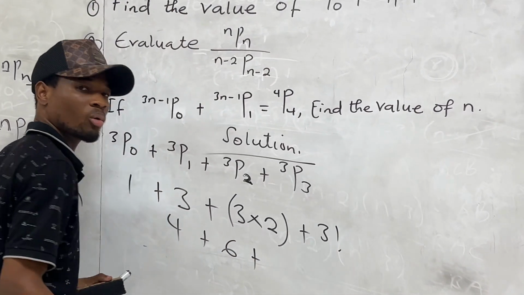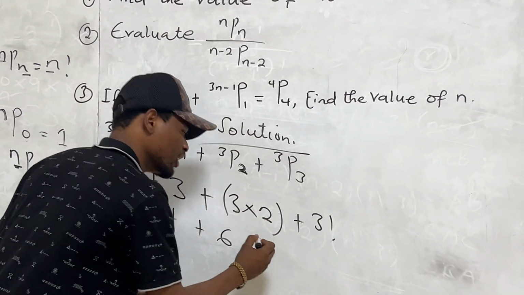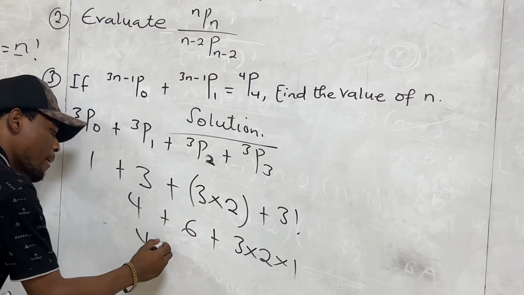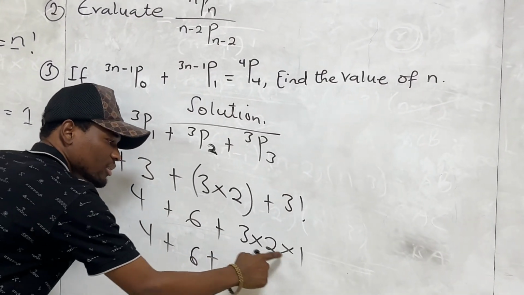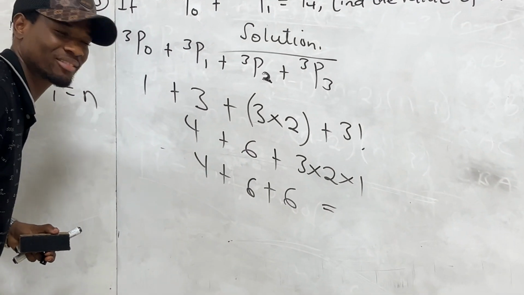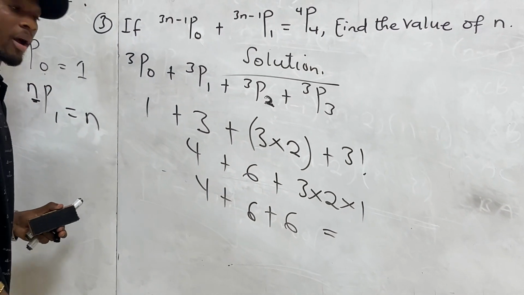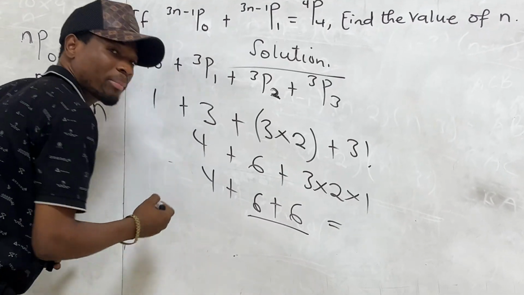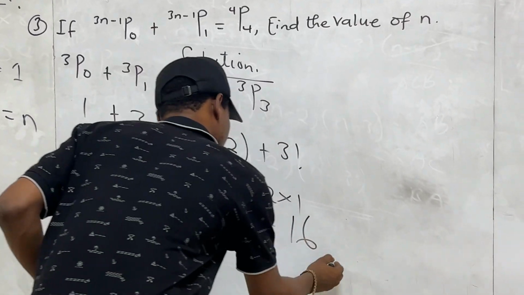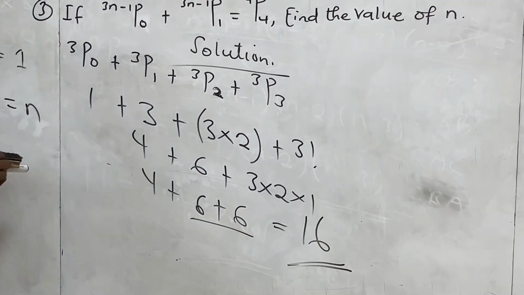Then plus, what is 3 factorial? 3 factorial means 3 times 2 times 1, which is 6. So you have 4 plus 6 plus 6. That's 12 plus 4 gives 16. As simple as that.